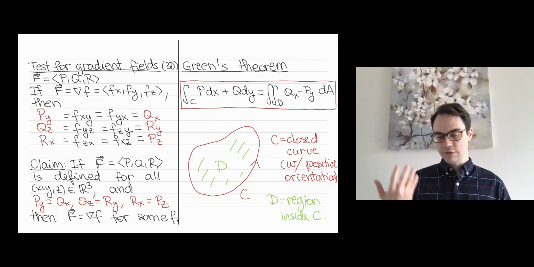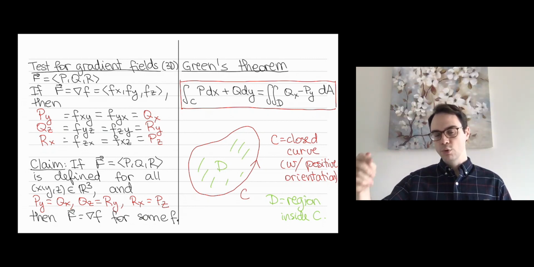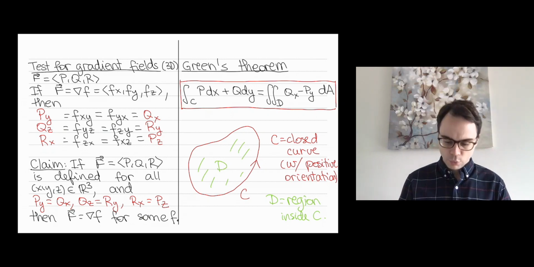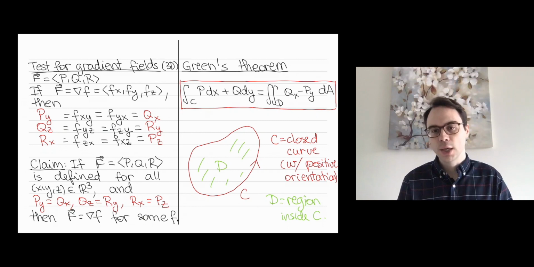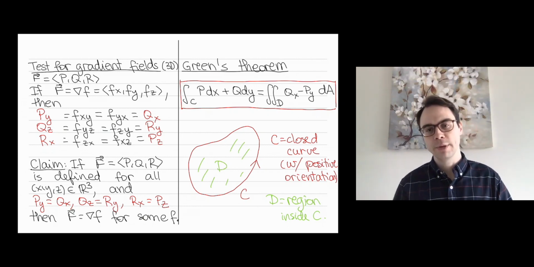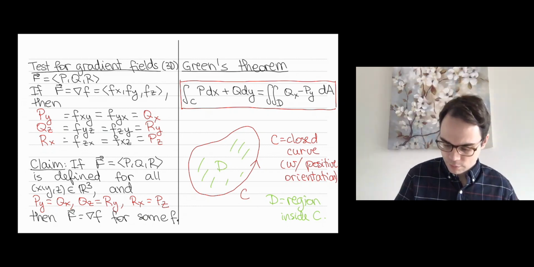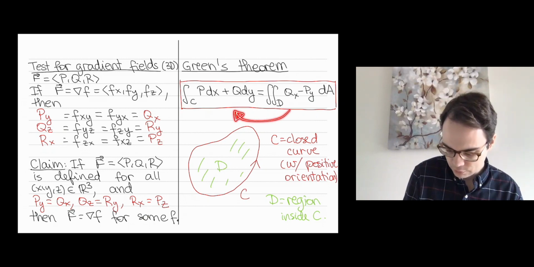So in the FTC, we go from a curve, which is dimension 1, to a pair of boundary points, which is dimension 0. Here we go from a 2D region, which is dimension 2, to its boundary curve, which is dimension 1. So you go down one dimension. You forget about one integral, and the price you pay is you eliminate the derivatives.